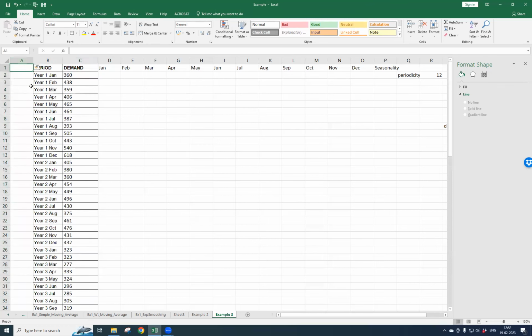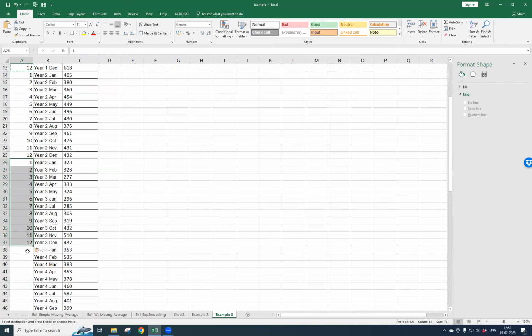What I'll do is I'll say month of the year index. Month of the year index, I'm going to represent by 1, 2, 3, 4, 5, 6, 7, 8, 9, and so on. So this is going to be 10, 11, 12. So 12 happens to be December. Now I'm going to just repeat this, so for every year, I'm going to have the same period.